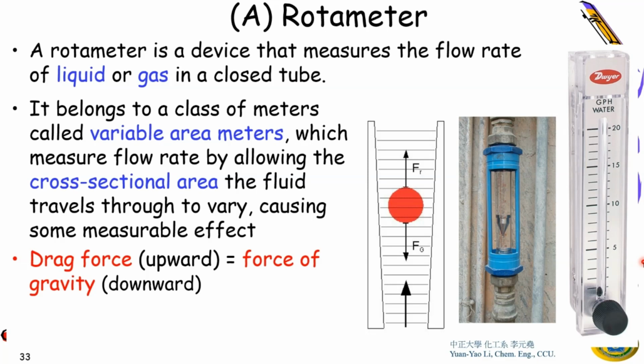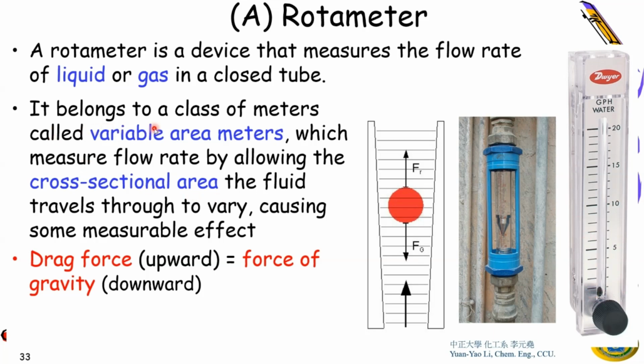I hope you still remember we introduced the rotameter. Remember the rotameter? A rotameter is a device that measures the flow rate of a liquid or gas in a closed tube. This is a floater, right? And you have a reading, the floater reading.